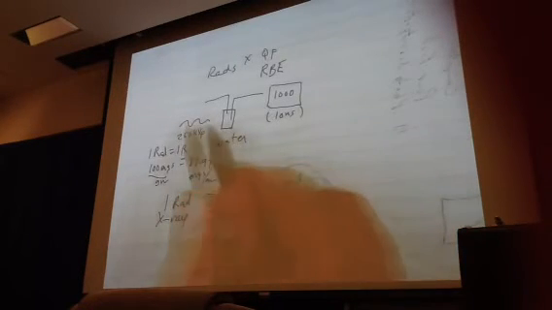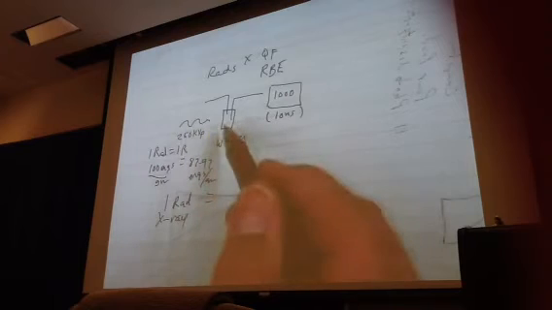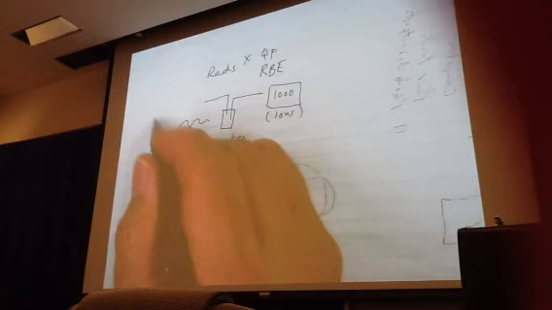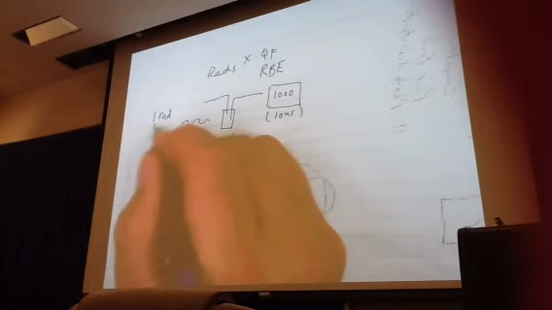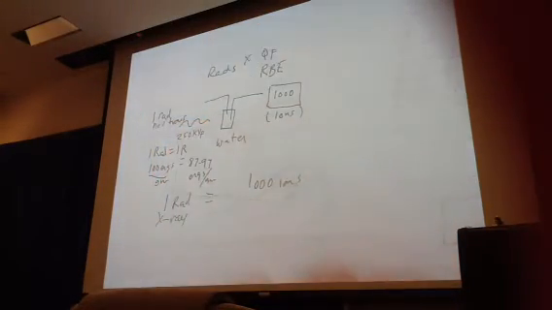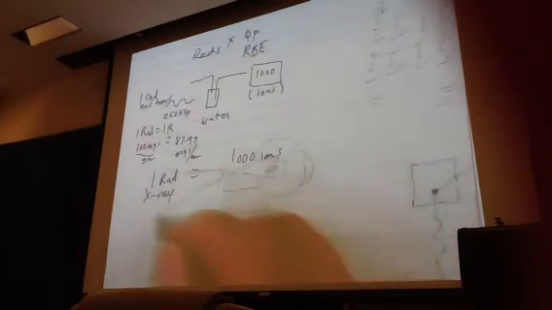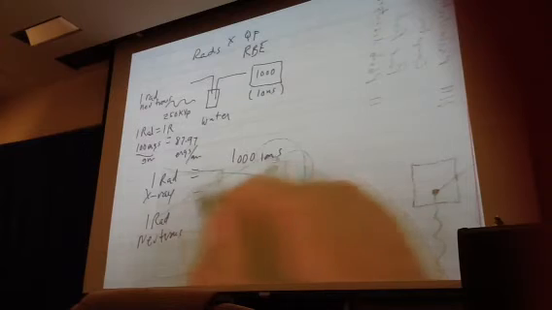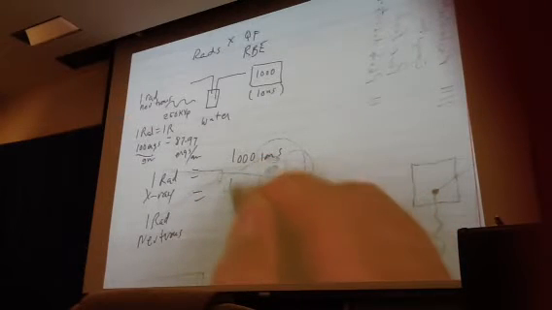Then the next thing I do is expose this to a source of neutrons. We give it 1 rad of neutrons. So we give it the same dose, only this time with neutrons, and instead of getting 1,000 ions, I get 10,000 ions.